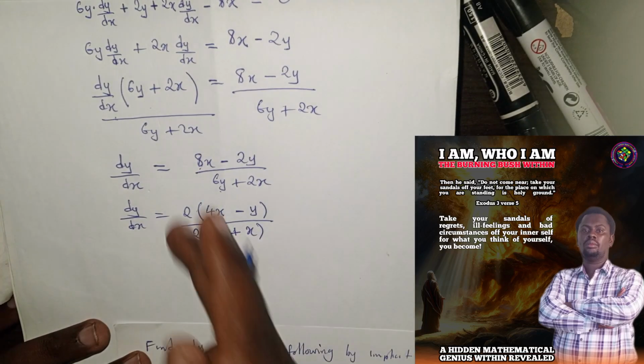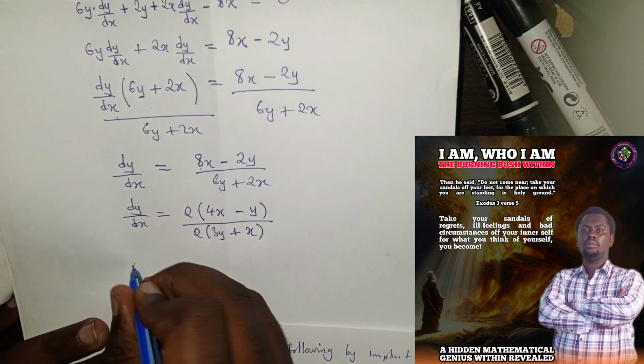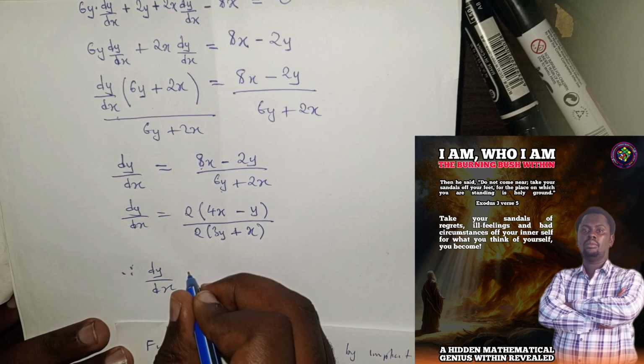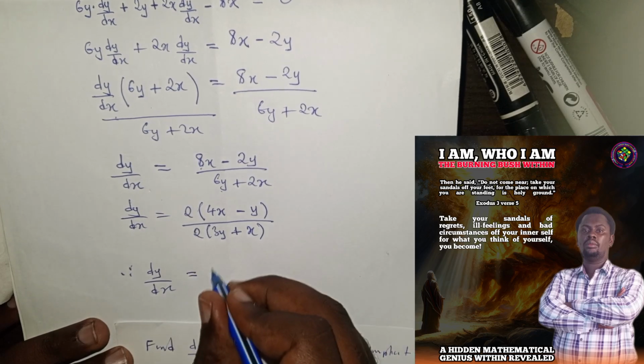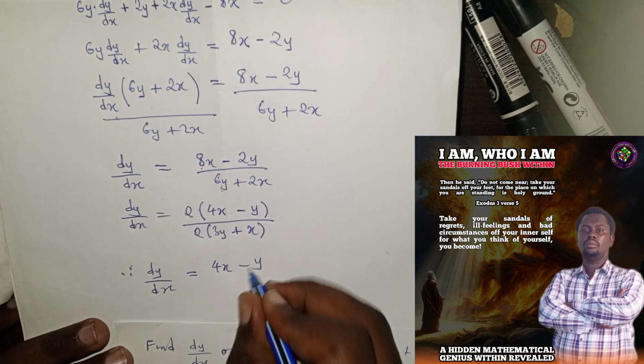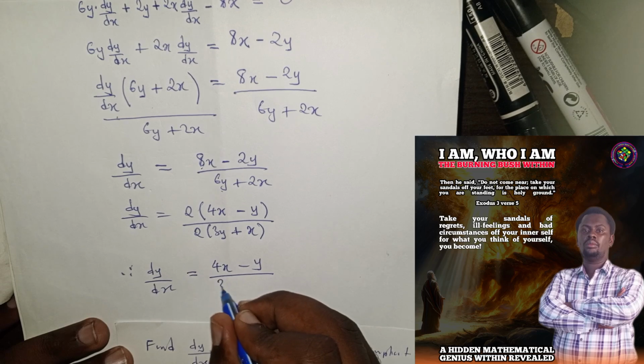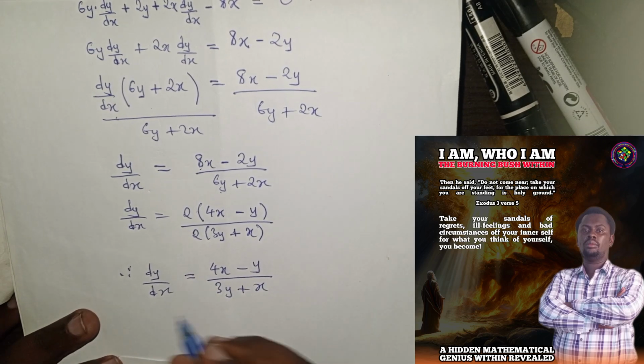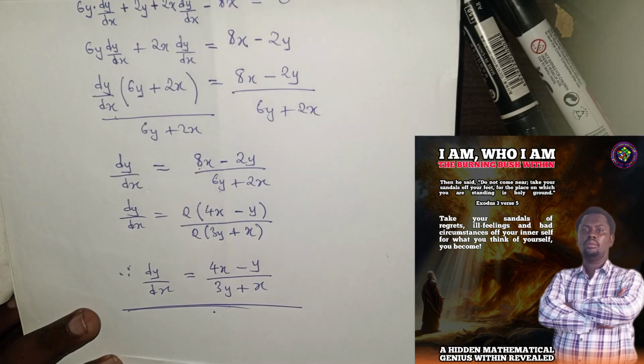So 2 and 2 cancel. Therefore, dy/dx is equal to 4x minus y over 3y plus x. Okay, that is the final answer for the second one.